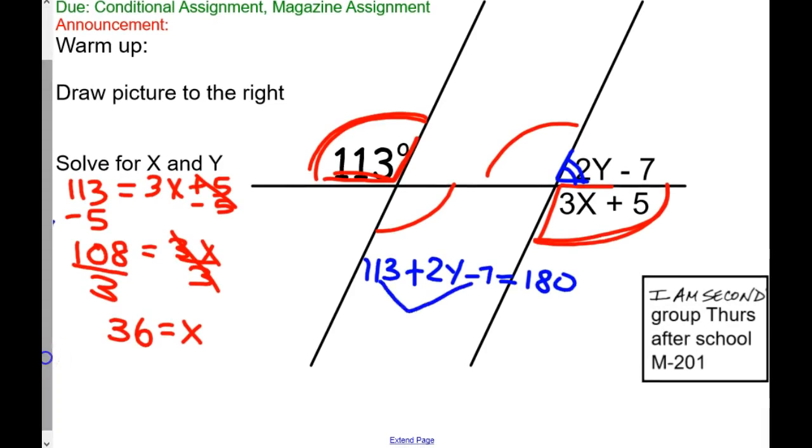113 and minus 7, combine those. So 113 minus 7 is 106. Okay. Plus 2y equals 180.